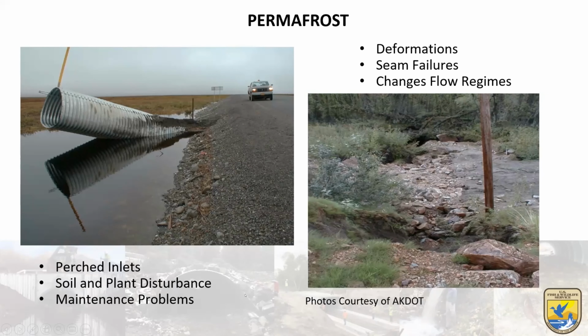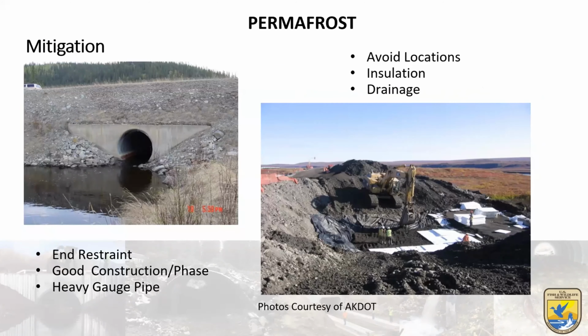We have, again, some of the same things as off ice formations. We have deformations, seam failures, perched inlets and outlets. Lots of things going on with these things. Some of the mitigations, again, are the same things. End restraints, you can see a nice concrete head wall here that's protecting the outlet of this culvert, using very heavy gauge pipe, trying to avoid locations where possible.